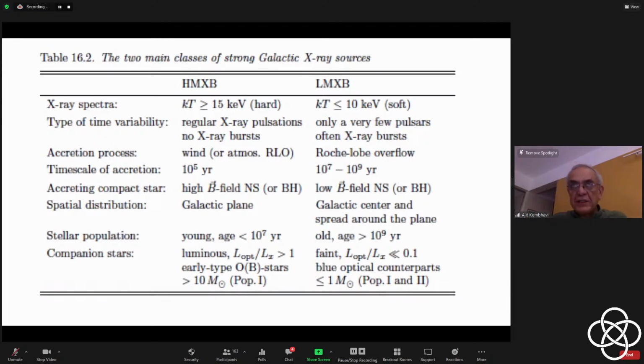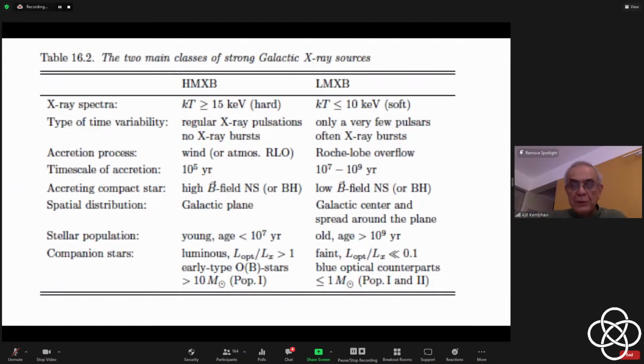But there's also a mass limit for a neutron star, which is not known exactly because there are a lot of unknowns to it. It turns out that neutron stars have a maximum mass of about 3 solar masses. So if you work on the binary system and get enough data by looking at its variability and so forth, then you can evaluate the mass of the compact object in the most favorable circumstances. Not always, but in the most favorable circumstances.